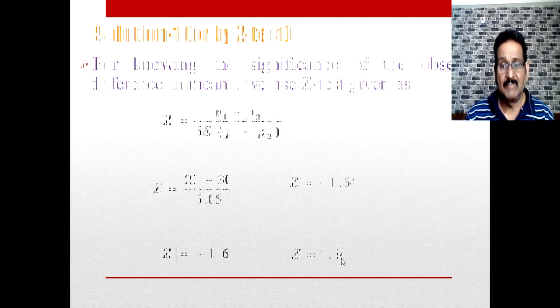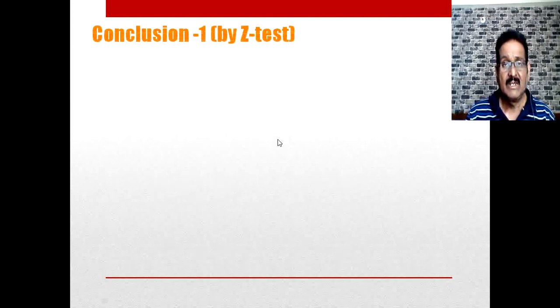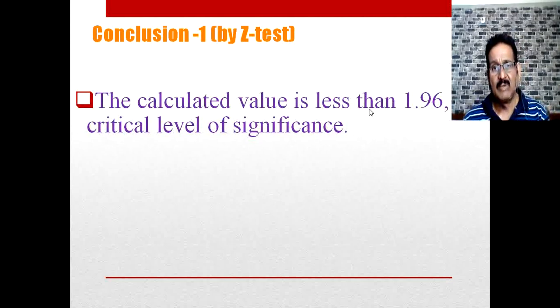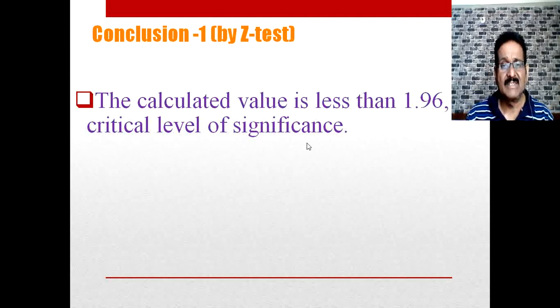So at the 95% confidence level, the result is insignificant if the z value is less than 1.96; it is not at the critical level of significance, and not significant at 95%.